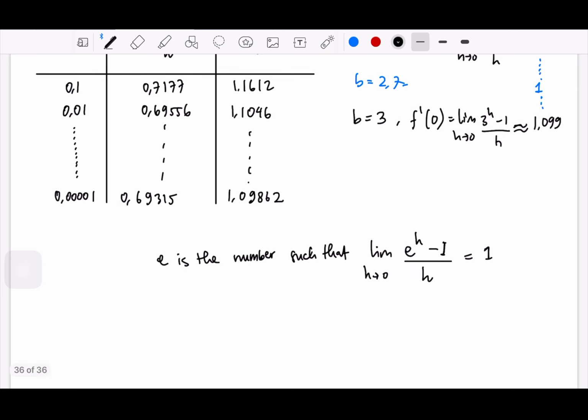And as an implication, if we take the derivative of e to the power of x, this will result in e to the power of x itself. And usually we call this the natural exponent, or natural exponential function.